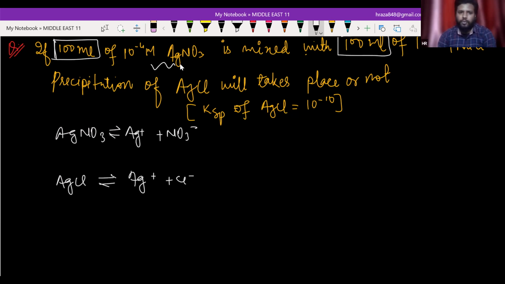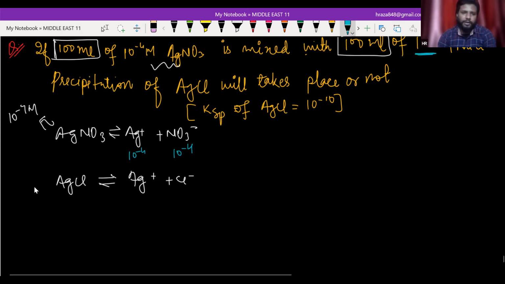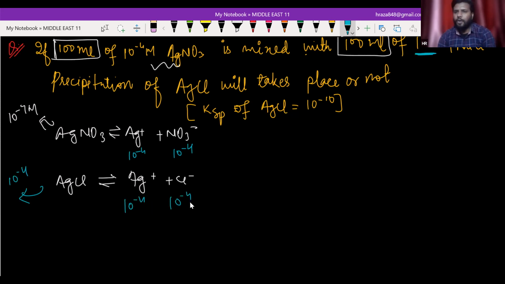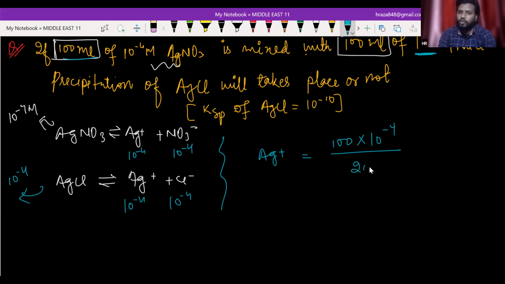According to the question, this has 10 raised to the power minus 4 M, and this will also have 10 raised to the power minus 4 M. In the same manner we can calculate the molarity, or we can directly calculate: whenever volume is the same, Ag plus will be equal to volume into molarity divided by total volume, that is 200.